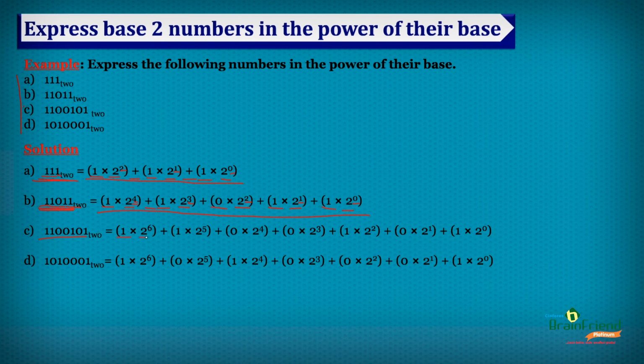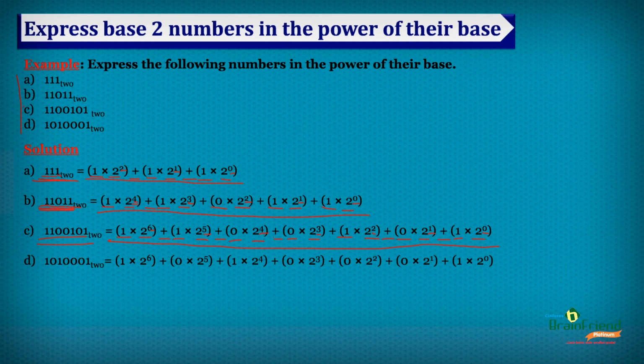So we have 1 multiplied by 2 plus 1 multiplied by 2 plus 0 multiplied by 2 plus 0 multiplied by 2, 1 multiplied by 2 plus 0 multiplied by 2 plus 1 multiplied by 2, and then we give our powers 0, 1, 2, 3, 4, 5, and 6. So we have expressed this number in the power of its base.